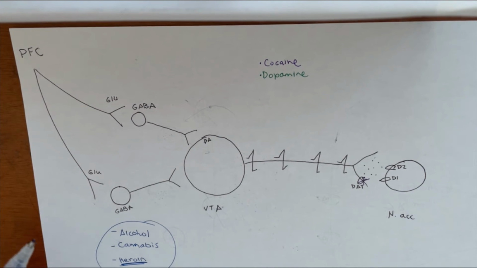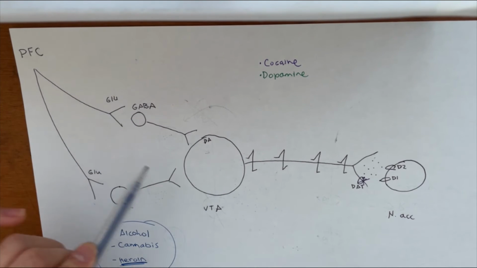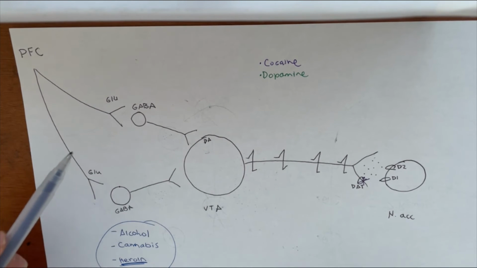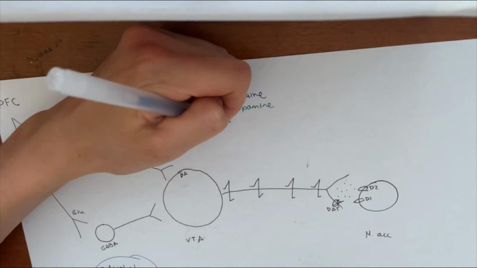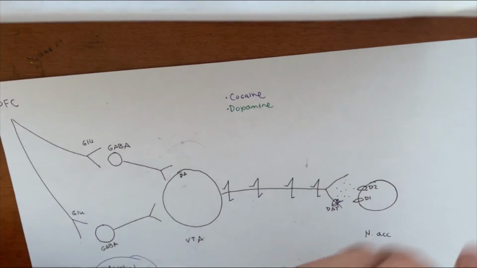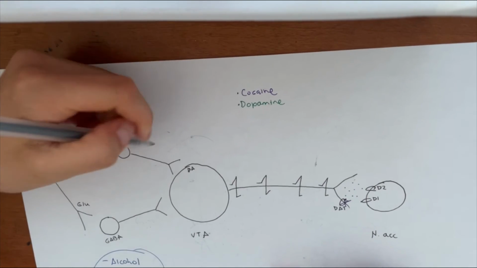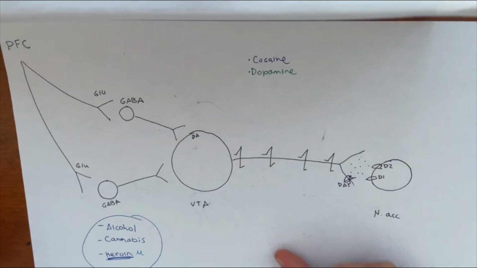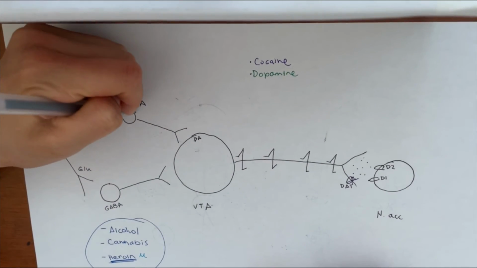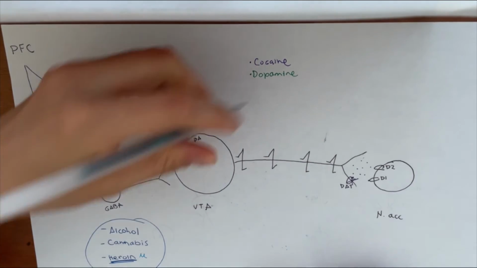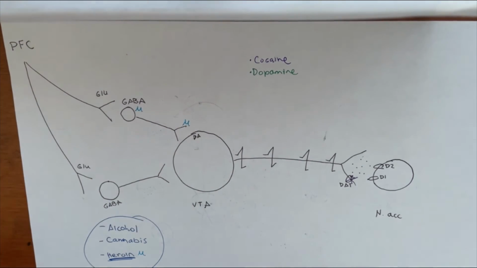We have two different areas that mu-opioid receptors can be on these GABAergic neurons. They can bind up here. I'll put the mu-opioid receptors in light blue. You've got them at your dendrites, and you've also got them at your terminals.